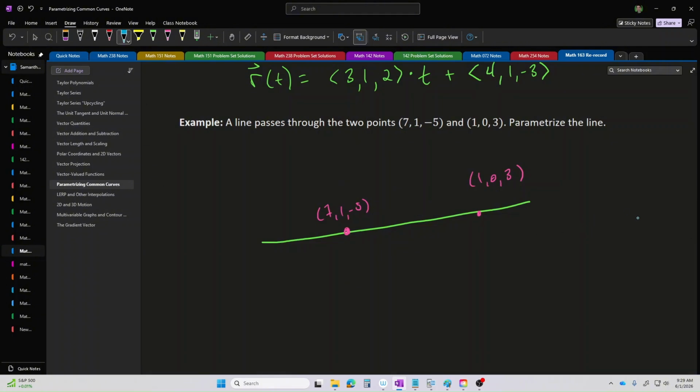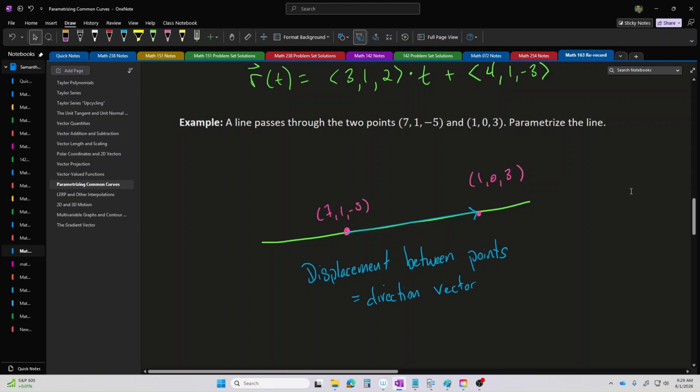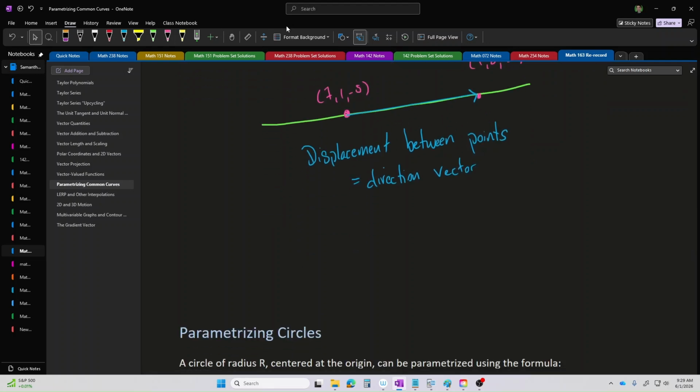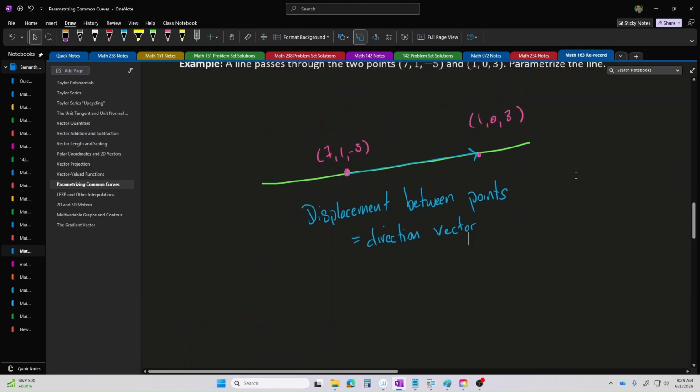Well, I think a direction vector that would work is the displacement from one point to another. The displacement vector between these points lies in the same direction as the line, so it will serve as our direction vector d.